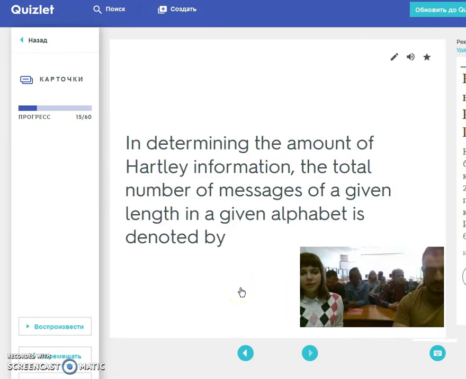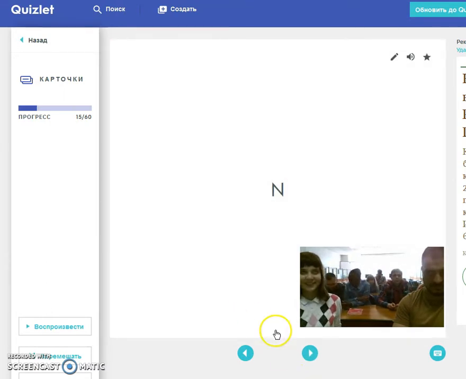The total number of messages of a given length in a given alphabet is denoted by capital N.